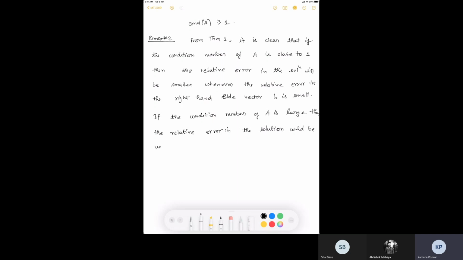This would be very large, even if the relative error in the right-hand side vector is small.